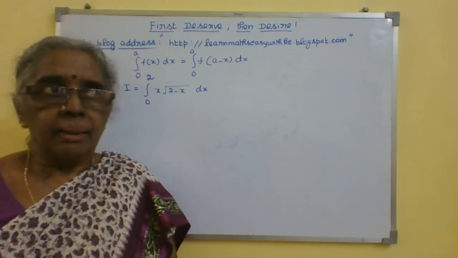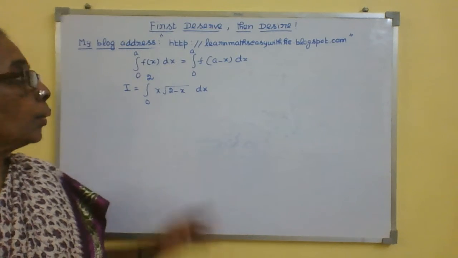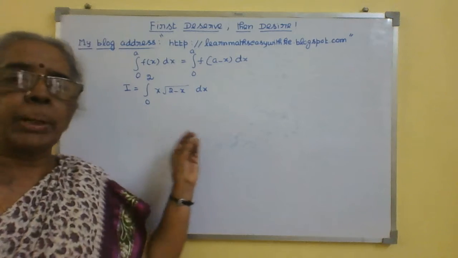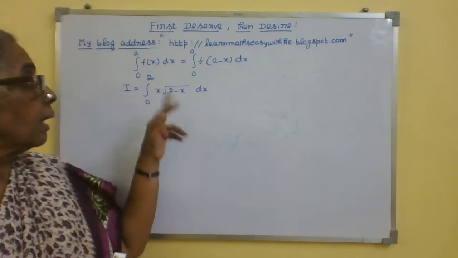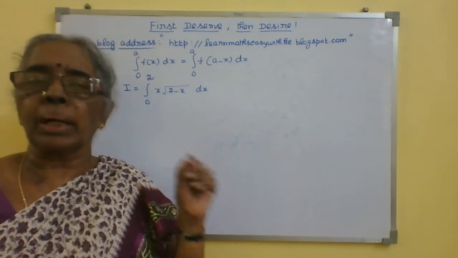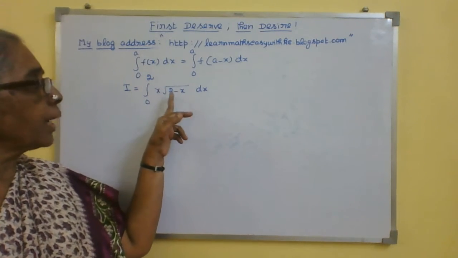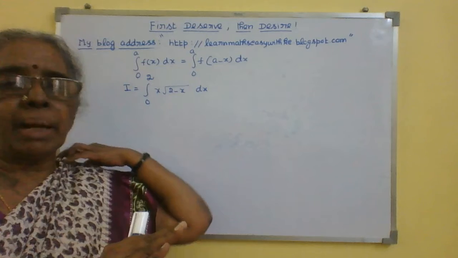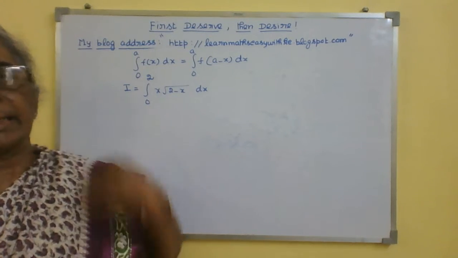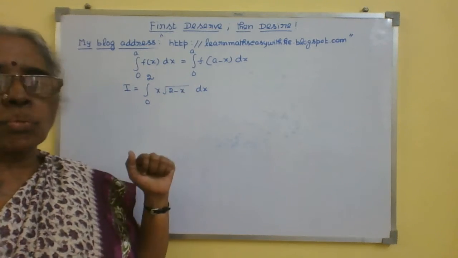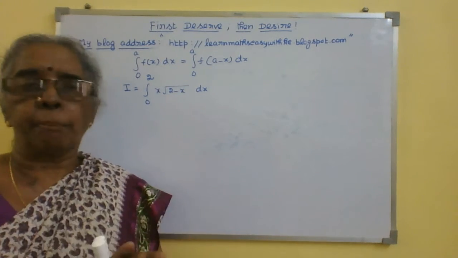That is, in this type, now within the root you are having two terms, that is 2 and x. Outside the square root you have only one term, and the limit is also 0 to 2. Here you have 2 minus x, that is a minus x. In such sums, sometimes you may get a square root, sometimes you may have some power also.